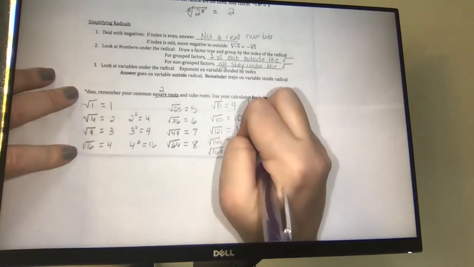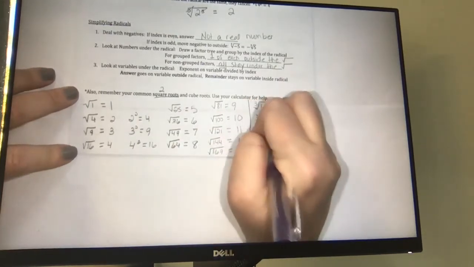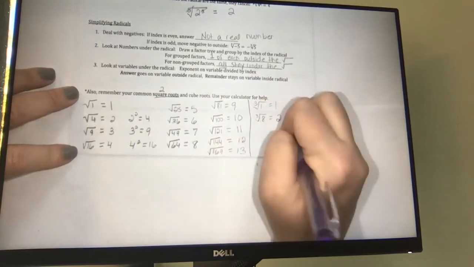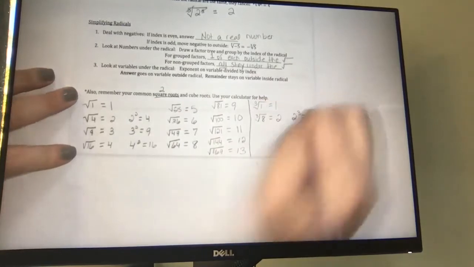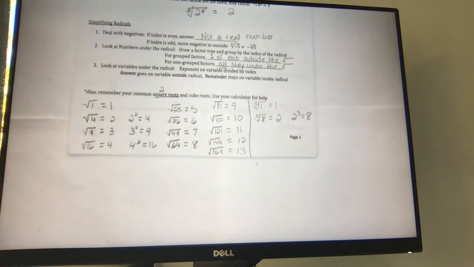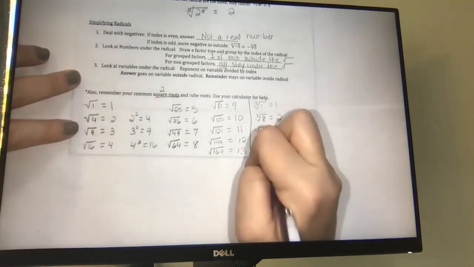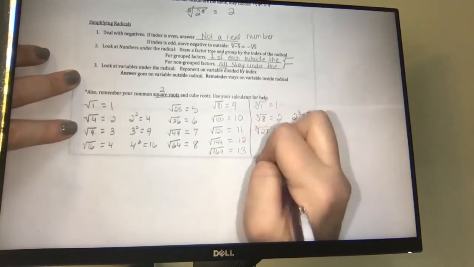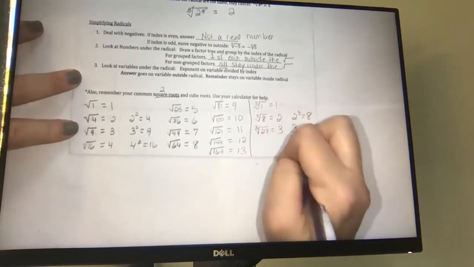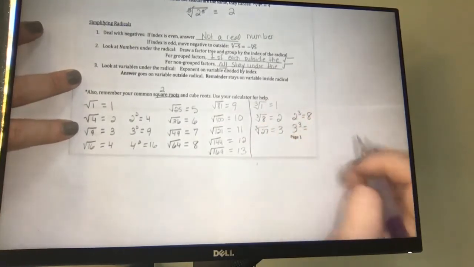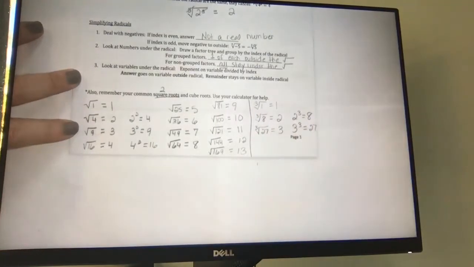Okay, what's the cubed root of 8? 2, because remember 2 cubed is 8. Remember your little relationship there. So if it's a cubed root, then what number can you cube to get the radicand? All right, what about the cubed root of 27? That's your 3, because 3 times 3 times 3 is 27.